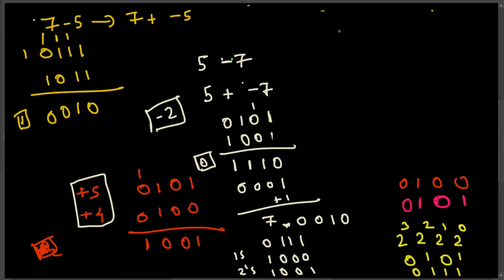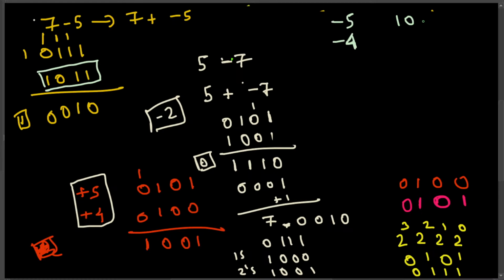Let's say we have -5 and -4 to add. Now, since we are dealing with two negative numbers, what we are going to do is take the 2's complement of these two. So, what is the 2's complement of -5? I already found it out here, right? 1011.